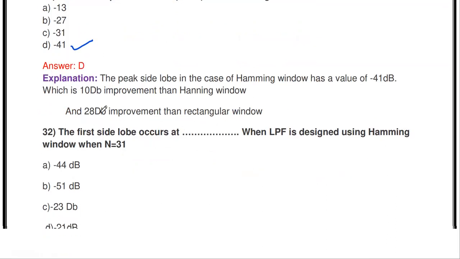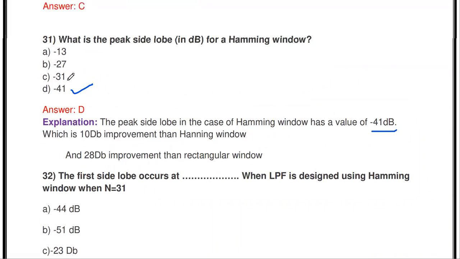This is the first side lobe, the peak side lobe level, of the three windows. So the peak side lobe for the Hamming window is minus 41 dB. This is a 10 dB improvement over Hanning, since for the Hanning window the answer is minus 31. And for the rectangular window it's minus 13, so it's a 28 dB improvement over the rectangular window.